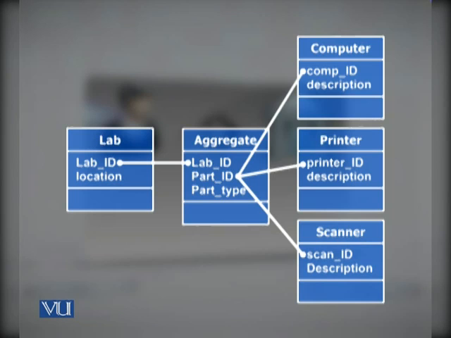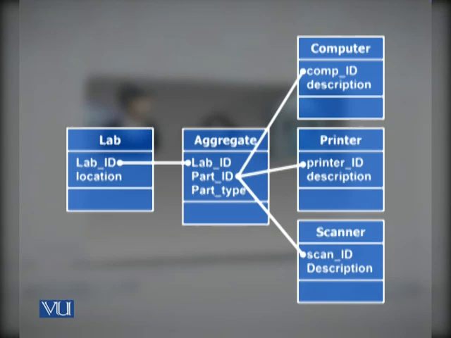And then they defined the primary key of this aggregate table as the composite key of lab ID and part ID. And at the same time, they declared the lab ID, which is part of the primary key, as a foreign key as well.